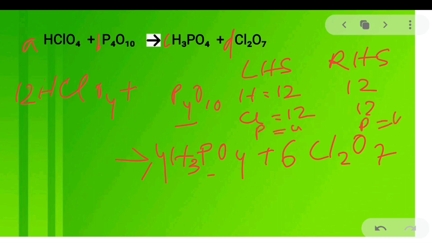Now the oxygen atom. Let us calculate the oxygen atom. 4 plus 12, it is 48 plus 10. So it is 58 in LHS. So oxygen atom is equal to 58 at LHS.